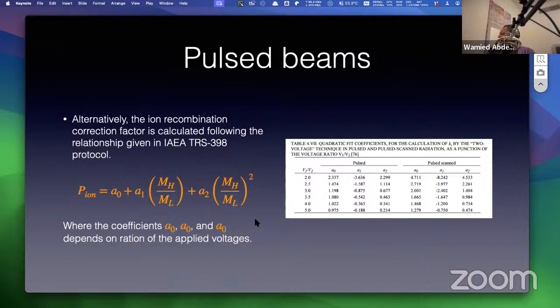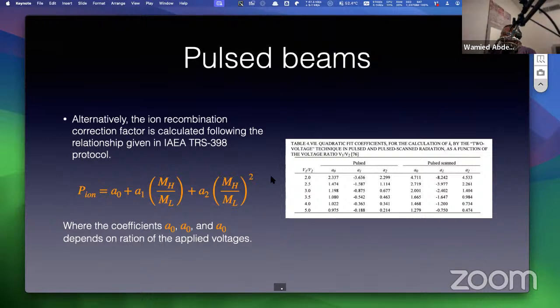This will depend on the ratio of the applied voltages. So if we're using, let's say, 400 volts at high voltage and 200 volts at low voltage, then the ratio is going to be 2. Then for that ratio, we need to select these parameters and apply them in this equation with the signals: MH, the signal obtained at high voltage, and the one at low voltage.